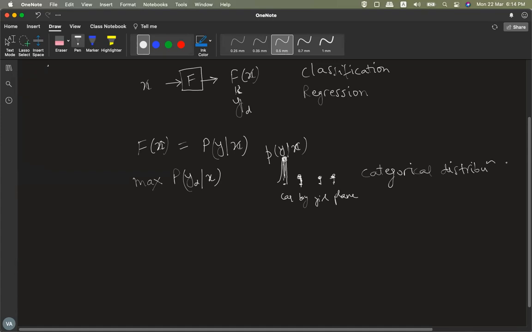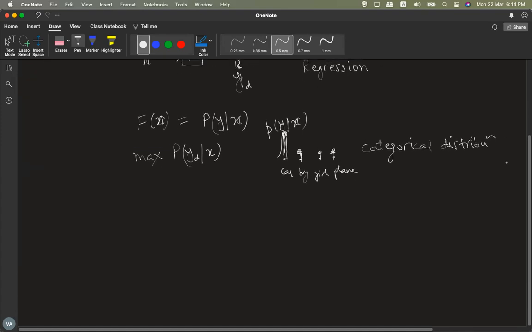Now, just to correlate with what we are saying, you saw the imbalanced data problem. For a particular class, there are very few samples available.